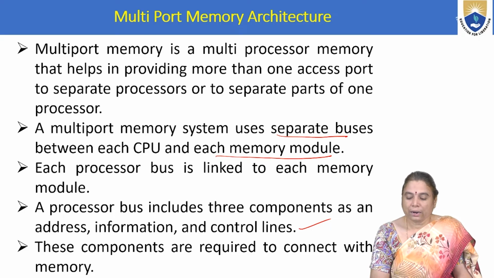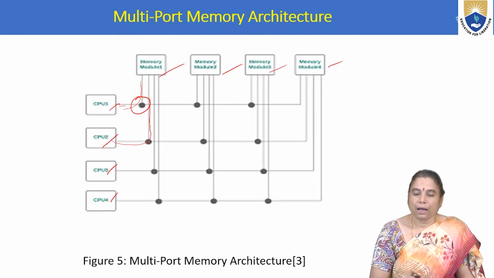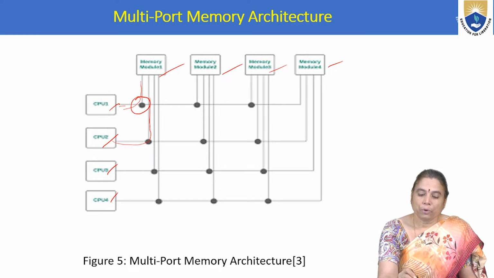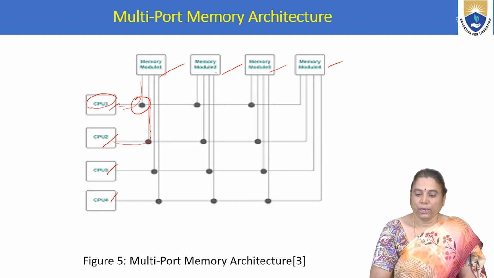These components are required to connect with the memory. So this is the general architecture of the multi-port memory. Here the ports are the CPUs and various memory modules are employed, and each module has to be connected with each processor via a separate bus for communication.